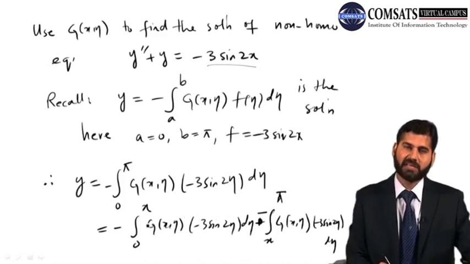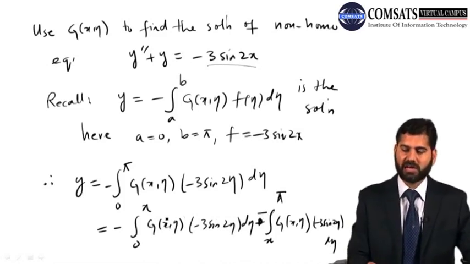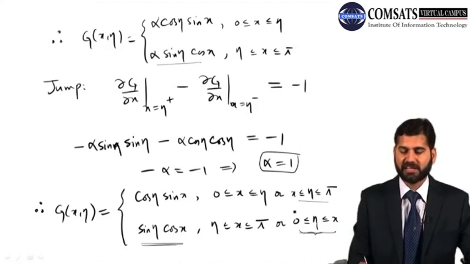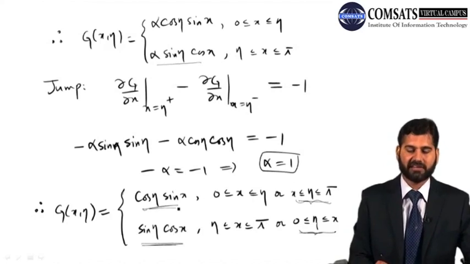Eta goes from 0 to x, so it means eta is between 0 and x. So I have to define where eta lies. Eta between 0 and x, so I will pick this function for the first integral, and eta goes from x to pi, so I will pick this for the second integral.